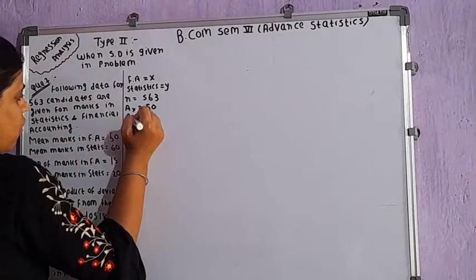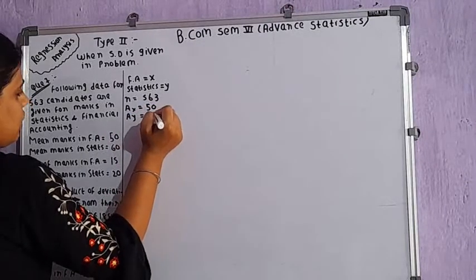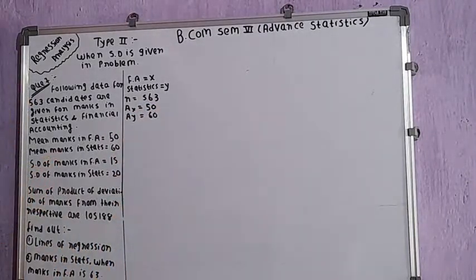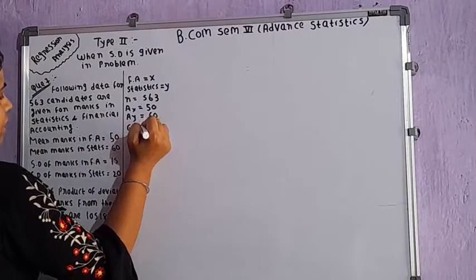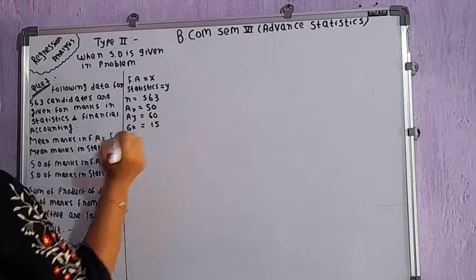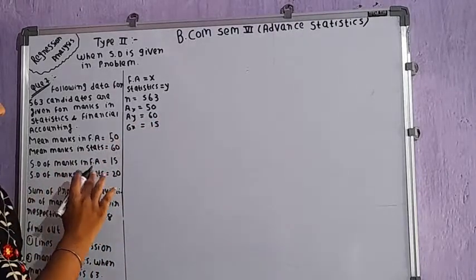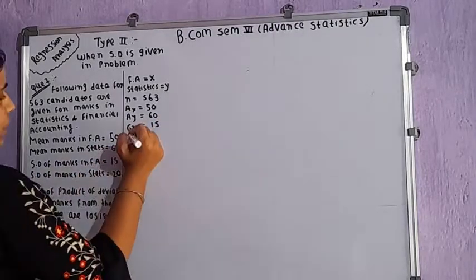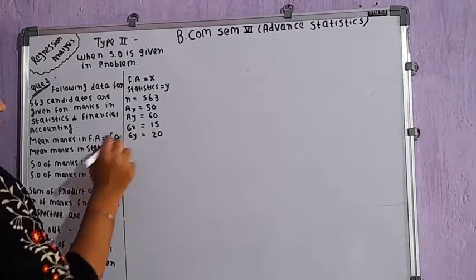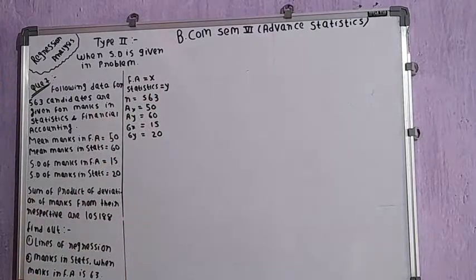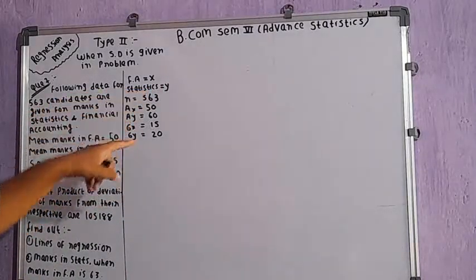So Y bar is equal to 60. Then the standard deviation of marks in financial accounting, so SD of X is 15. Standard deviation of marks in statistics is 20, so SD of Y is equal to 20. SD of X because financial accounting is X, and SD of Y because statistics is Y.